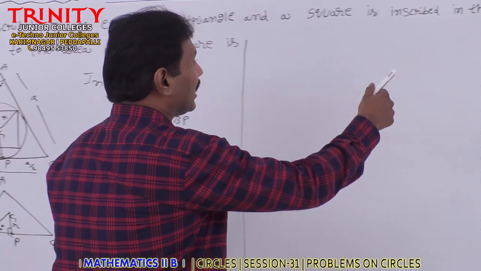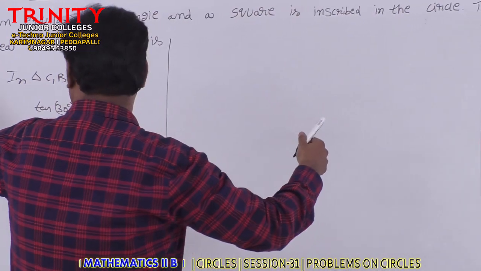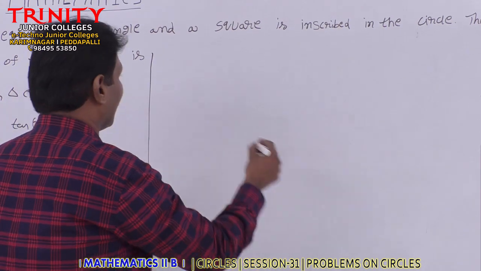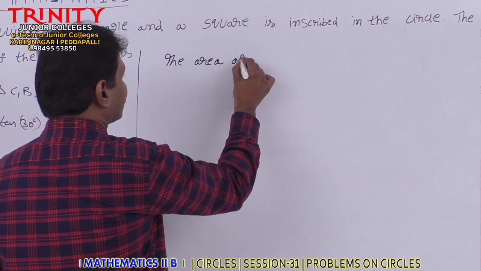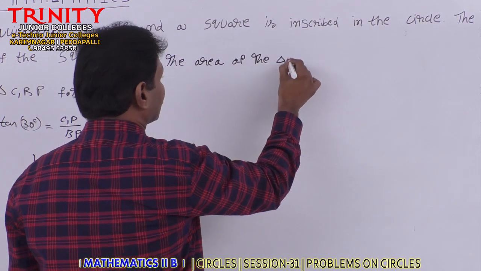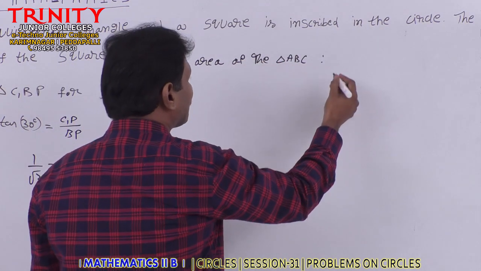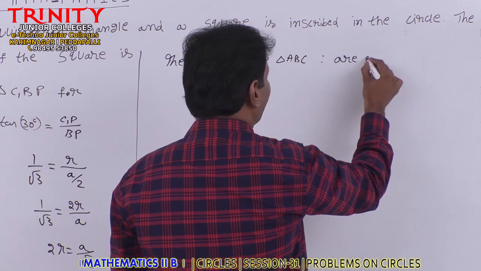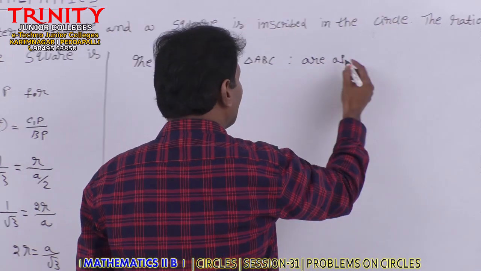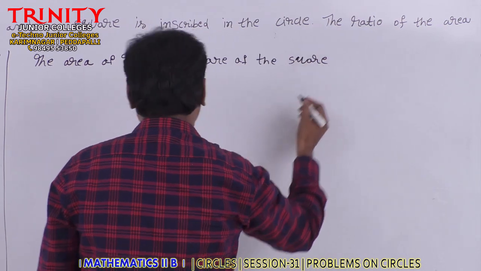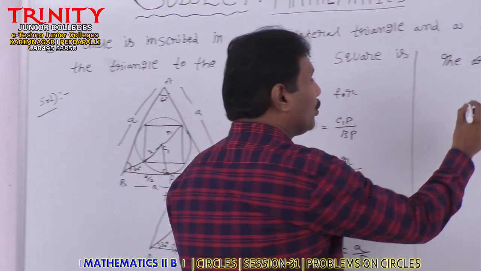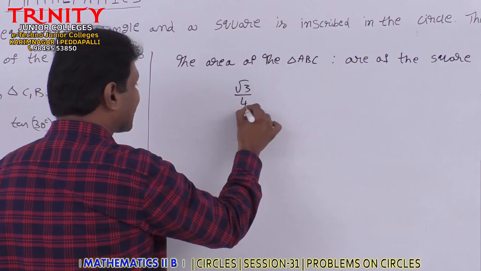Actually, we need the ratio of the area of the triangle ABC to the area of the square.